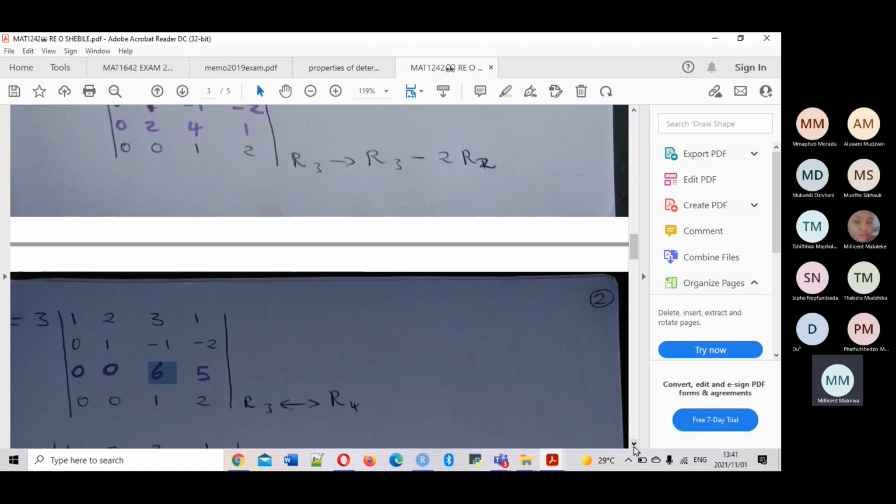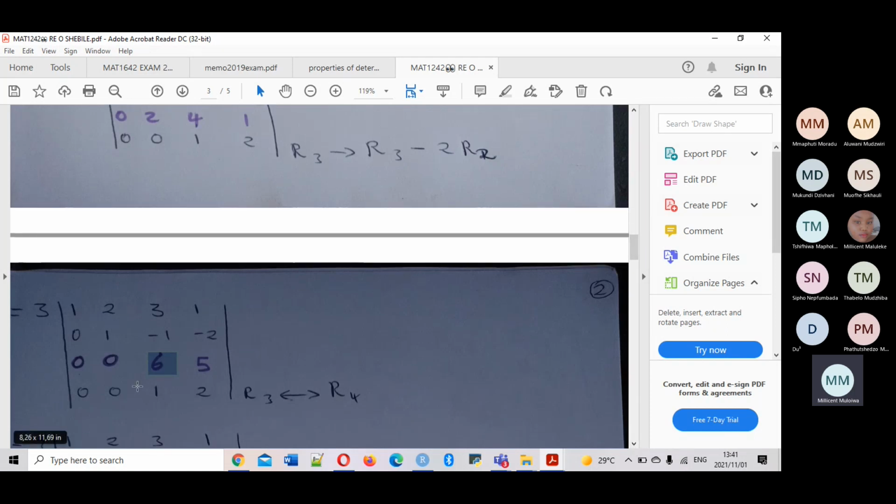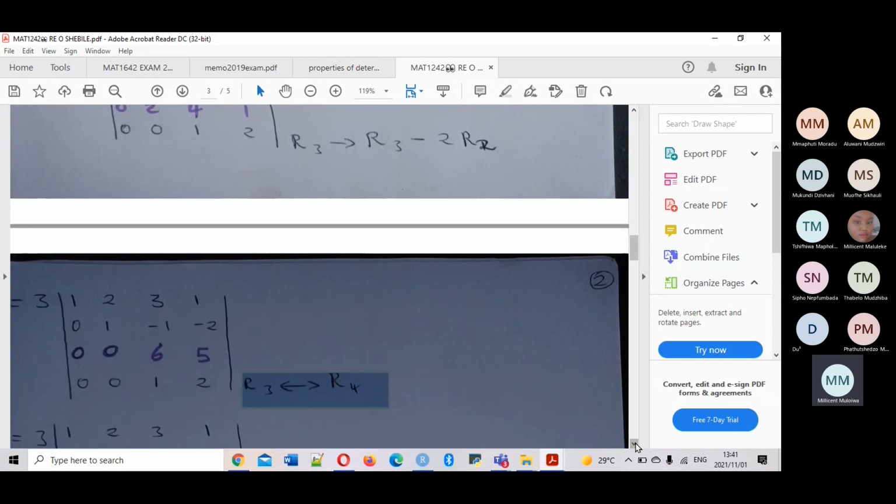Since there's a 1 under the 6, it means we swap. If the answer that you want is at the second row, you swap those rows. So we're going to swap row 3 and row 4.